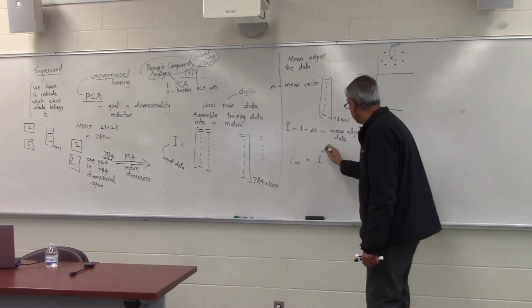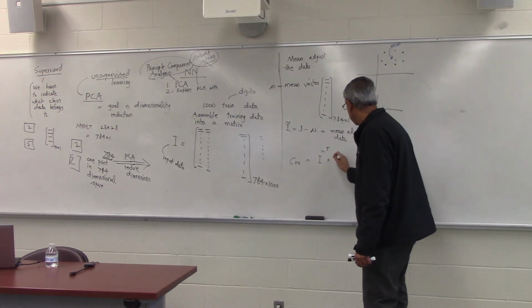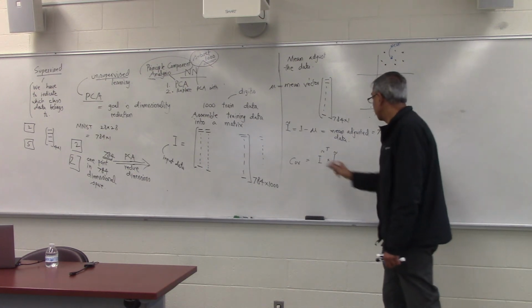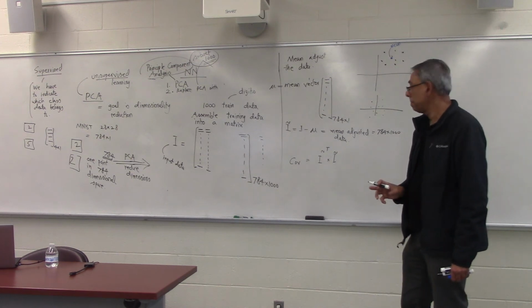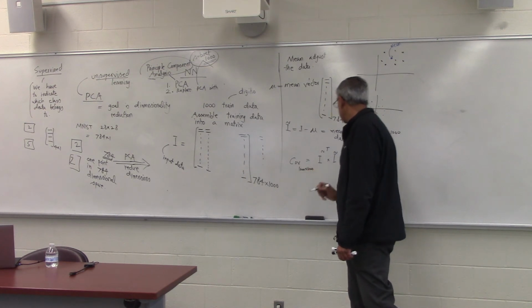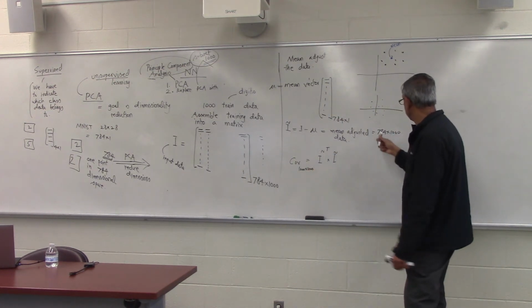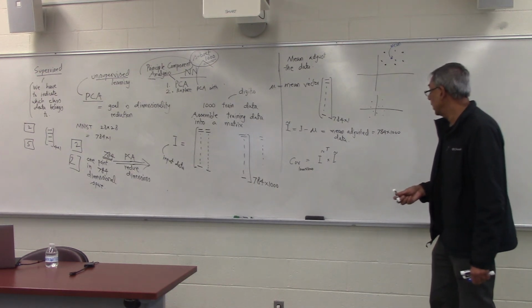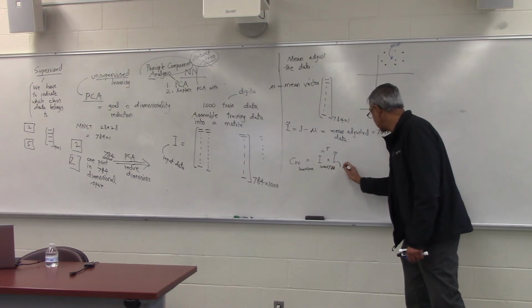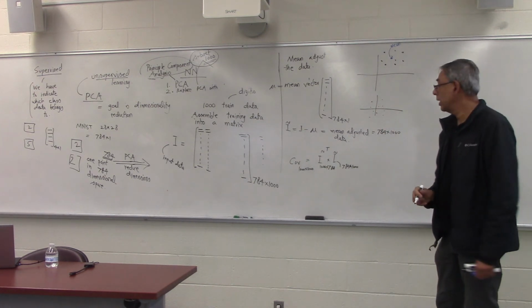So if I took the transpose of it, multiply it by the mean adjusted image, what will be the size of this covariance matrix? Won't it be 1,000 by 1,000? Right? Because remember, if I took the transpose, this becomes 1,000 by 784, and this is 784 by 1,000. So we'll be left with 1,000 by 1,000, right?